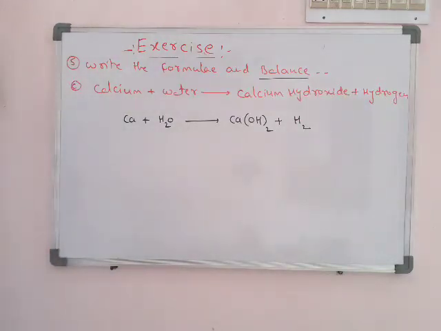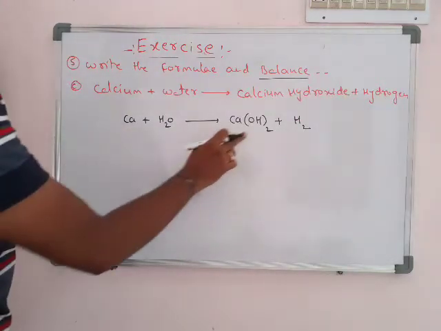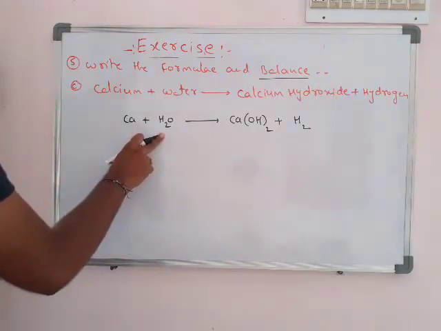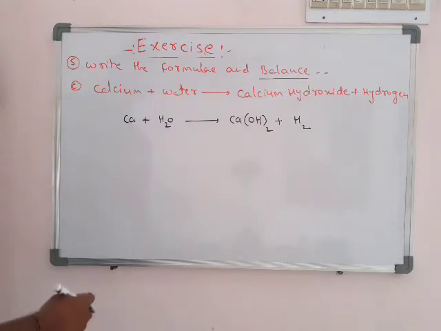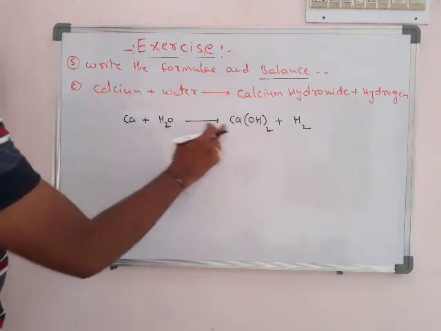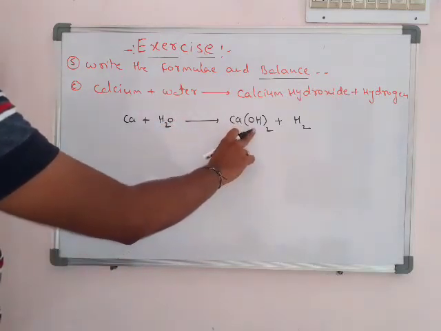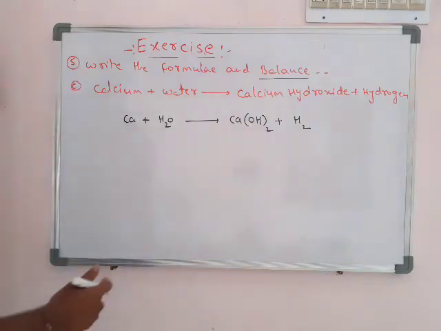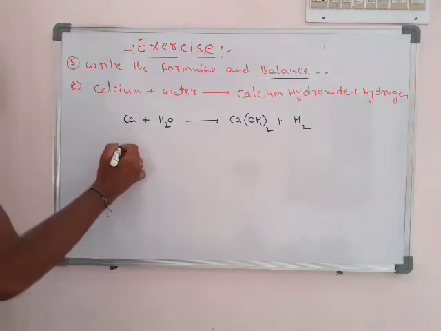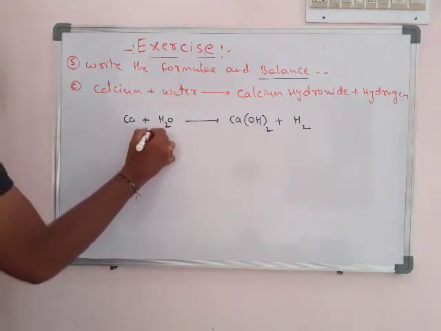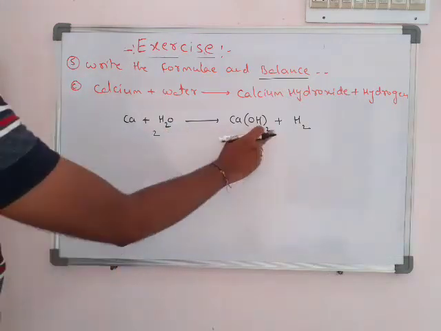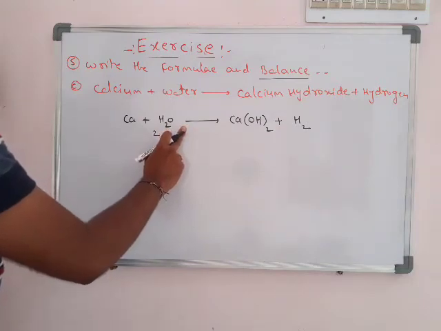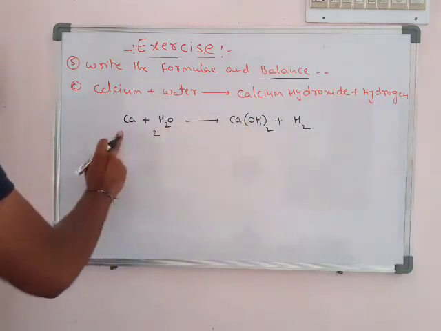So balance: 1 calcium, 1 calcium, 2 hydrogens, 4 hydrogens, 2 oxygens. So just try by putting 2, it is possible. 2 to 4, 2 oxygens, 2 oxygens, 1 calcium, 1 calcium.